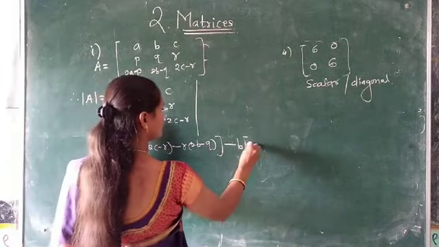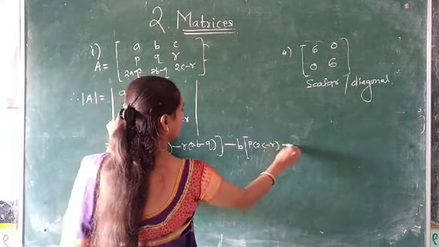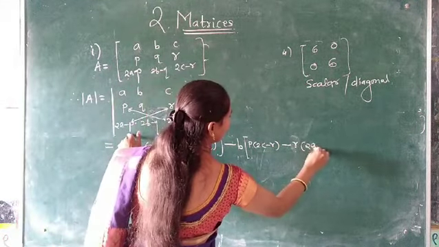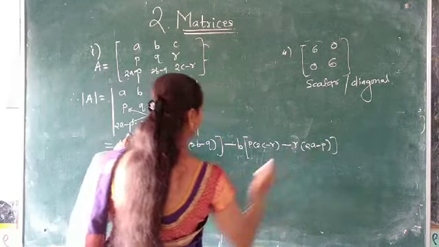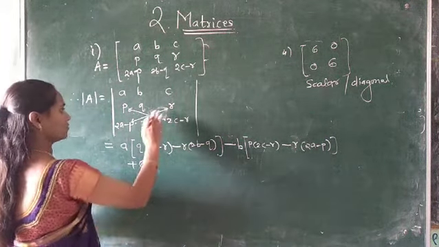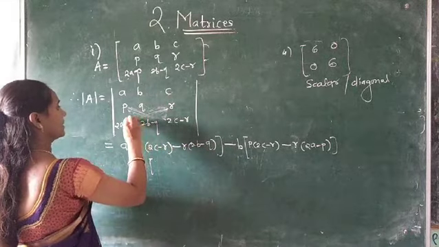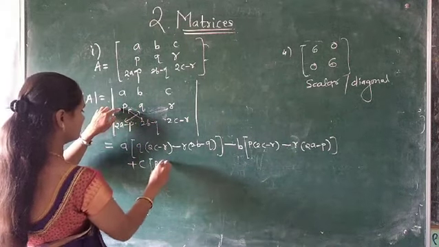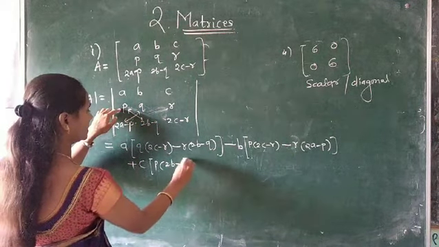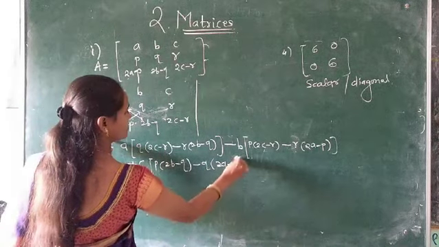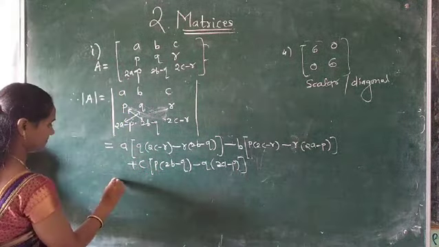So P into 2C minus R into 2A minus P, plus C into, now take the product of these two, P into 2B minus Q into 2A minus P, and solve this now.